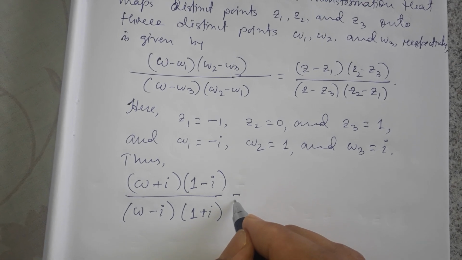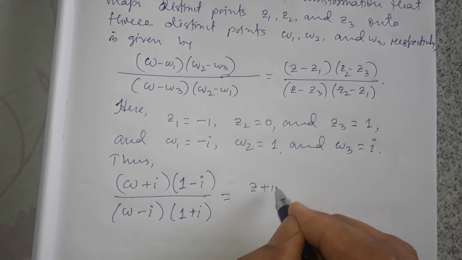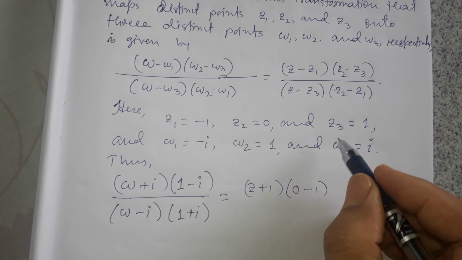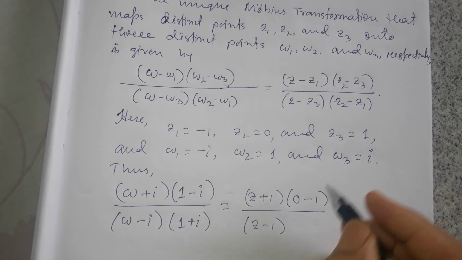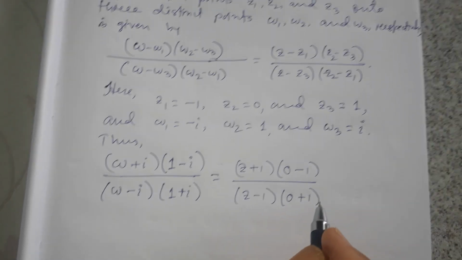And that is equal to z minus z1, so it is z plus 1, then 0 minus 1 because z2 is 0 and z3 is 1, then z minus 1 because z3 is 1, and 0 minus (-1), so it is plus 1.